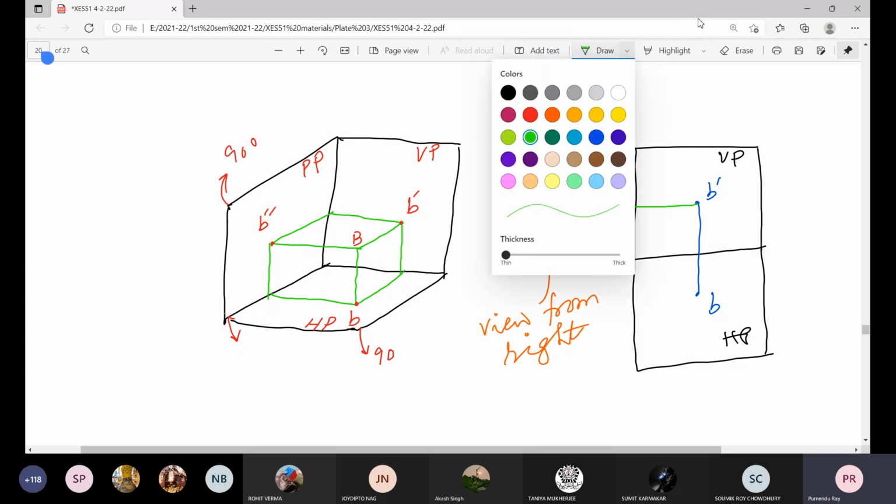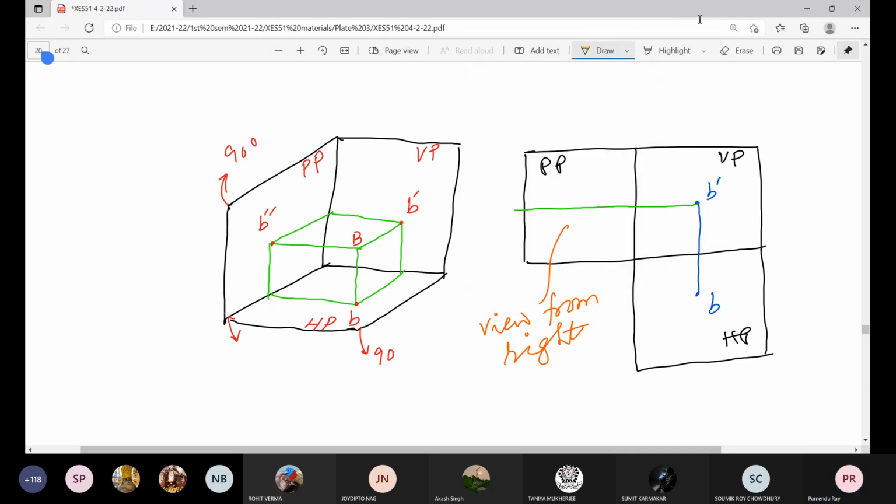And you need to maintain that distance through the plane, then whether this 45-degree line or this quarter circular arc, then horizontal, vertical, ultimately you will get this point. Now this will be the view from right. Please understand these things carefully.